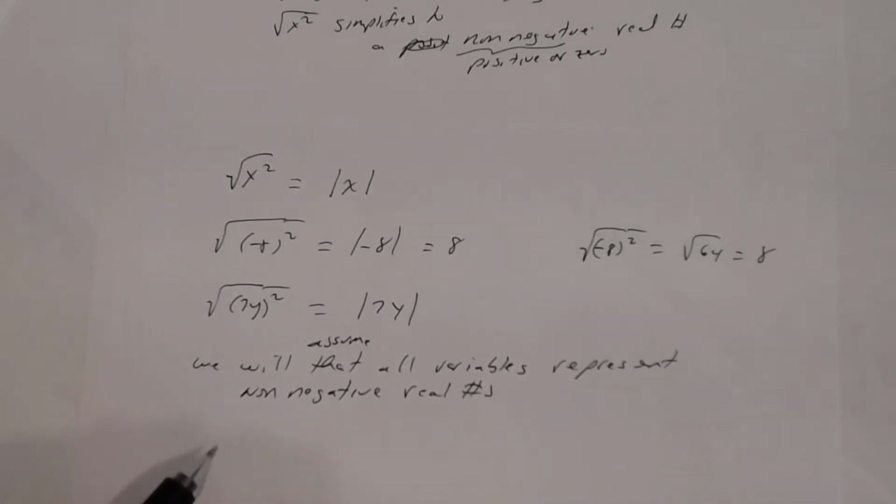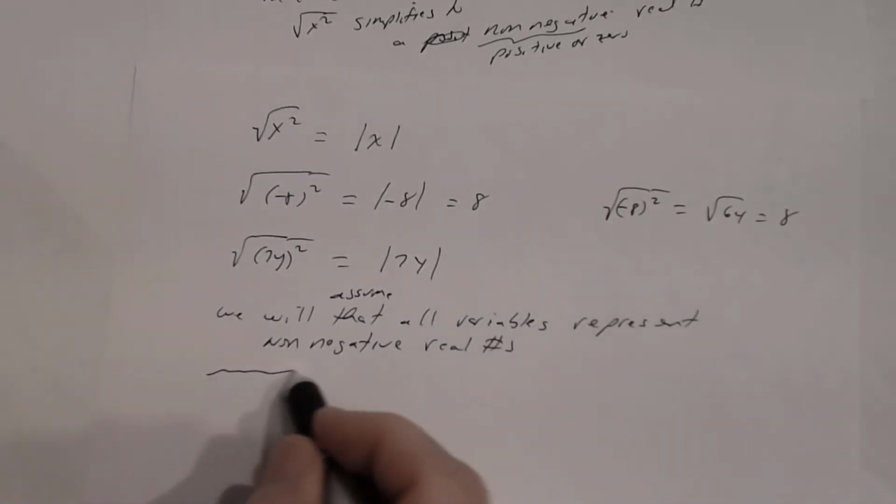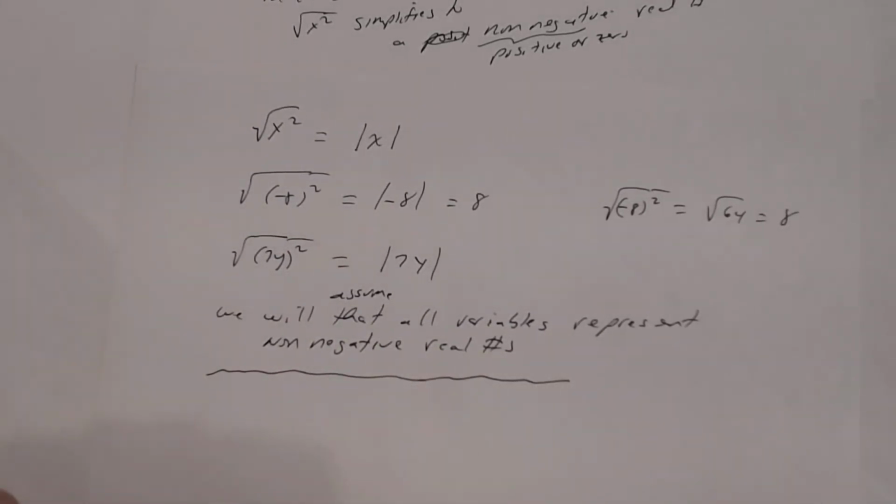But from this point forward, you will always see in the directions to assume that all variables represent non-negative real numbers, or it may say positive numbers. In other words, the variables are not going to represent negative numbers. So you're not going to need absolute value bars. Okay, so here's the idea now. All right, so listen carefully.